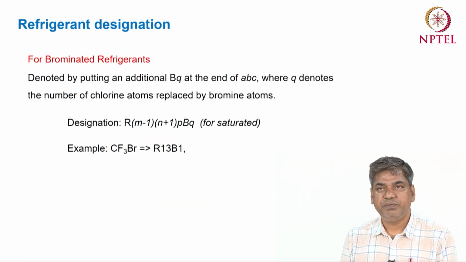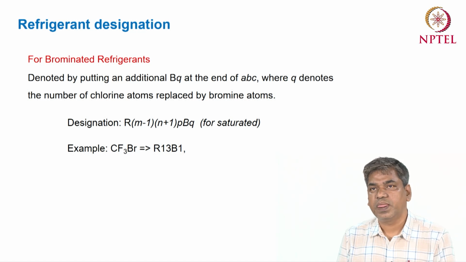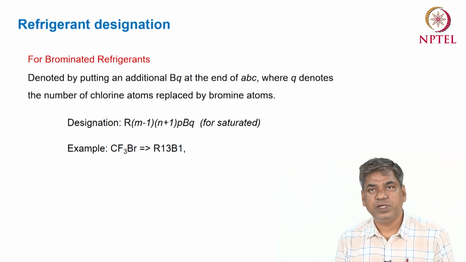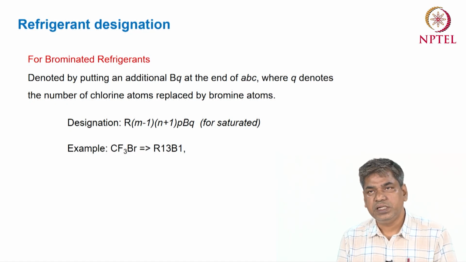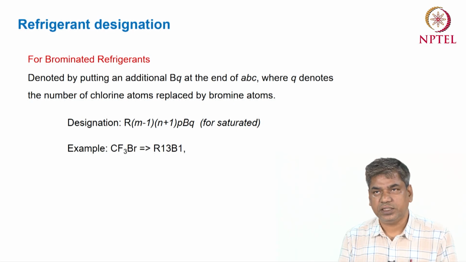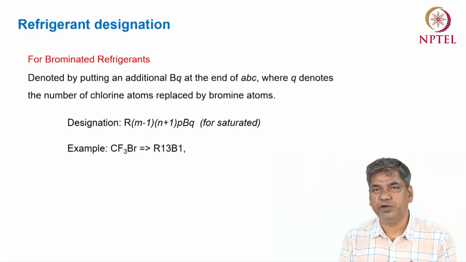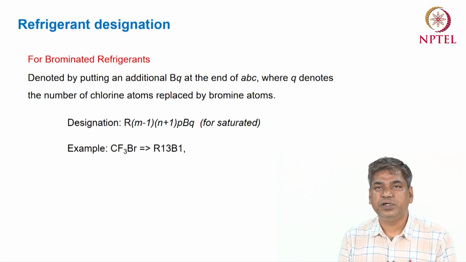Now some refrigerants may contain bromine atoms. If a bromine atom is there, we have to use B after the ABC, so after the ABC we use B and Q. Q represents the number of bromine atoms, which is basically the number of chlorine atoms replaced by bromine atoms. For example, in the case of saturated, the designation will become R(m minus 1)(n plus 1)(p)B(Q).